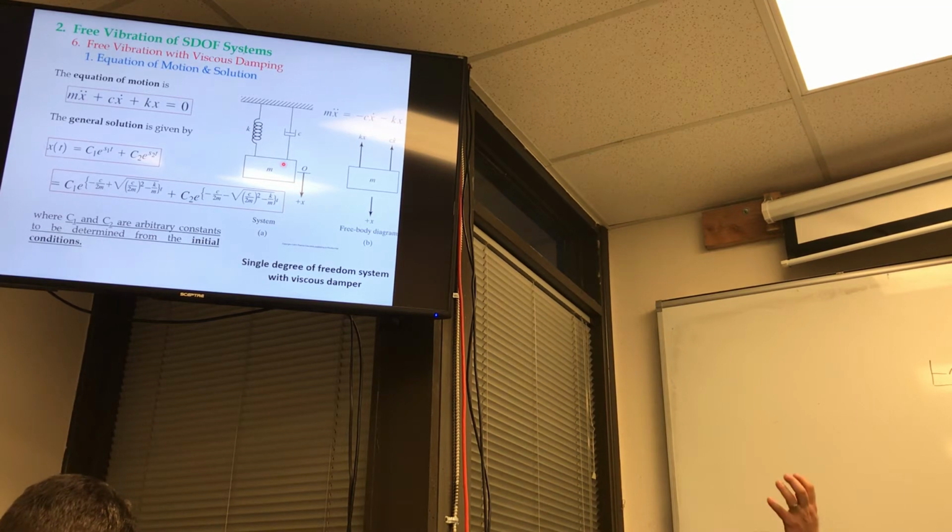As I pull the mass down a distance x, the spring wants to pull it back with kx, and the damper force is always opposite the direction of motion, equal to c times x dot.